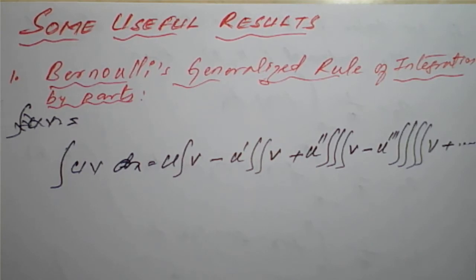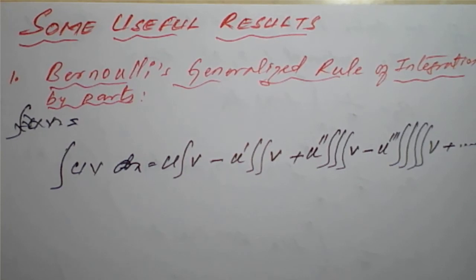This is most important to evaluate the Fourier coefficients. What are the Fourier coefficients? A naught, A n, B n. These are the three Fourier coefficients which we are going to evaluate in the Fourier series.